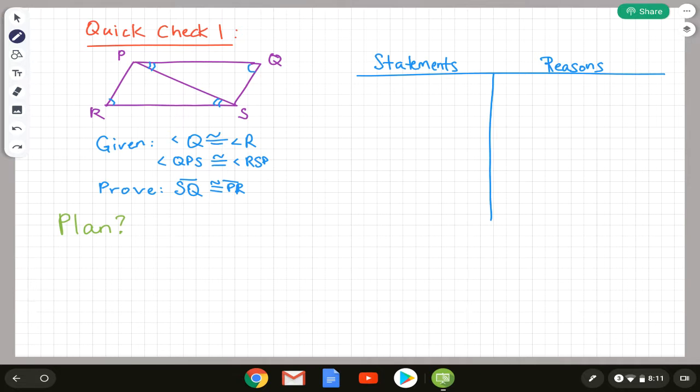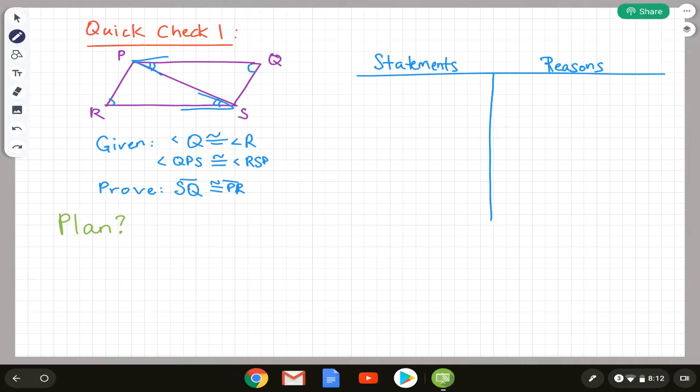So here we have a figure, a quadrilateral that's broken into two triangles. We're given that angle Q and angle R are congruent. I've marked those with one arc. Angle QPS, which is the one here, is congruent to angle RSP.